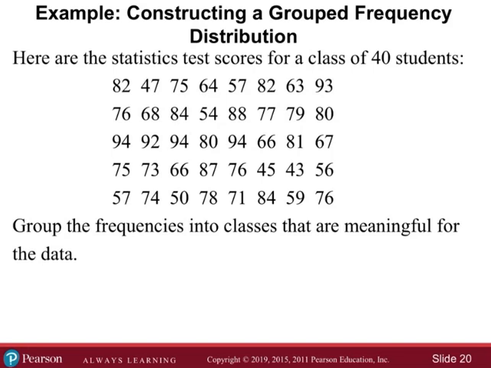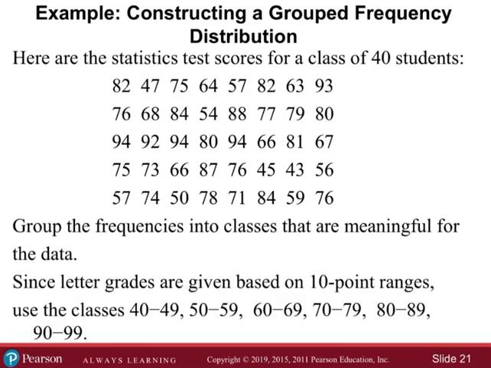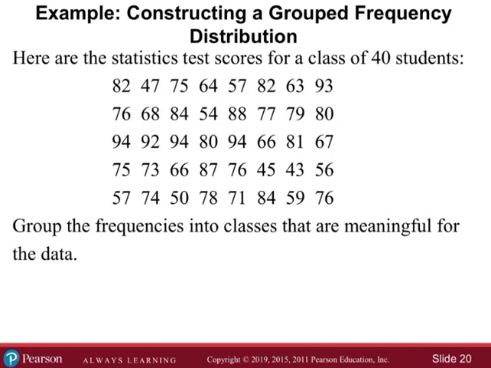Or maybe sets of 5 might be a little bit better, since sets of 10 seem kind of broad. I'm just going to glance to see how large. Okay, so it did look like they went by tens.